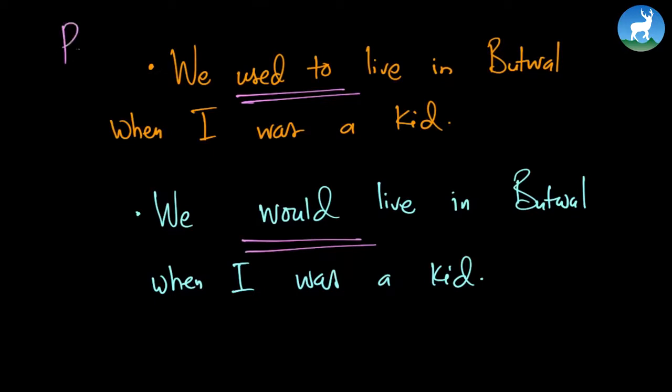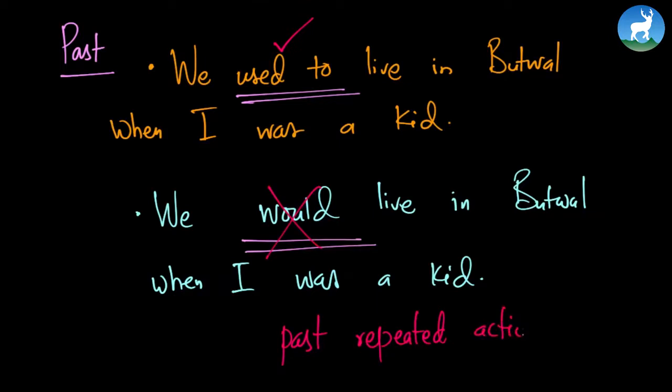Since we are talking about past states, we use used to, but we cannot use would in this sentence because we are not talking about past repeated actions. That's why we cannot use something like we would live in Butwal when I was a kid.